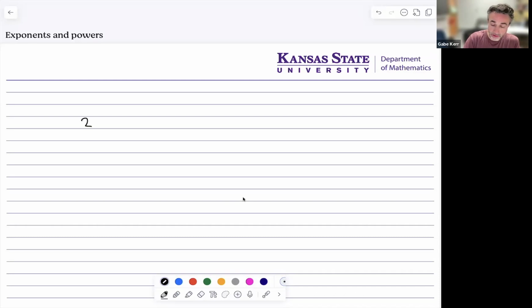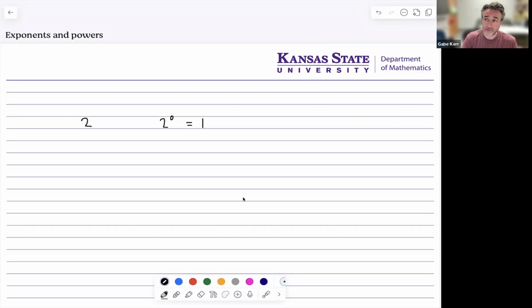If you want to start with non-negative numbers, you can always start with the zeroth power, and the zeroth power of any non-zero number is by convention equal to 1. So 2 to the 0 is just 1.